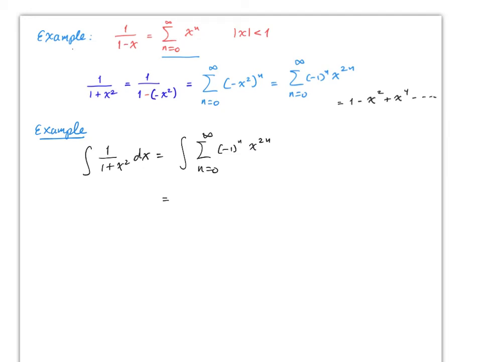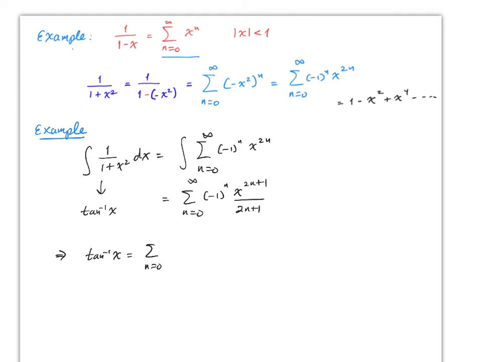So if we integrate, this will be the sum from n equals 0 to infinity, minus 1 to the n, x to the 2n plus 1 over 2n plus 1. But this one, remember, is tangent inverse. So therefore, from here you can get the power series representation of tangent inverse.